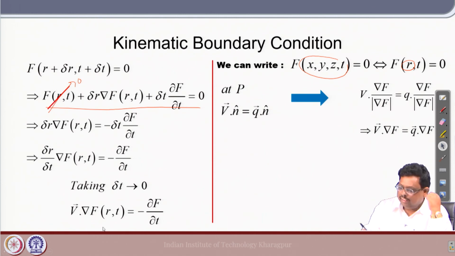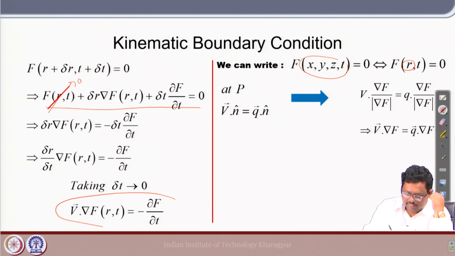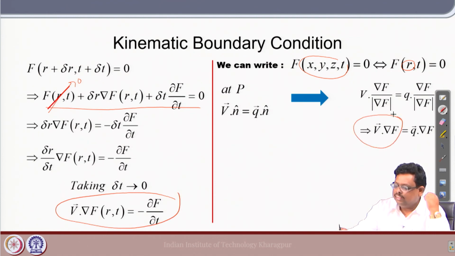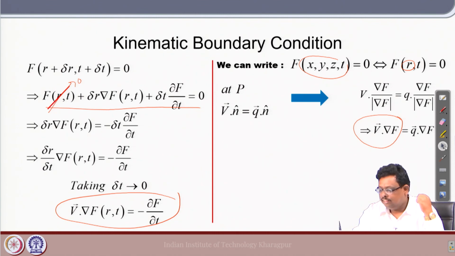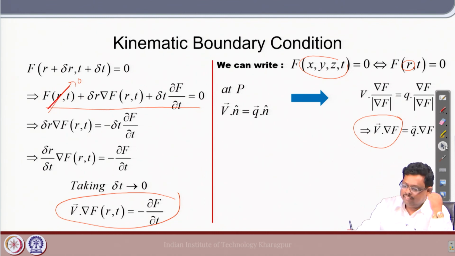Now, from here we use the earlier result and replace V · grad f by −∂f/∂t. Let us see what we get if I do this.